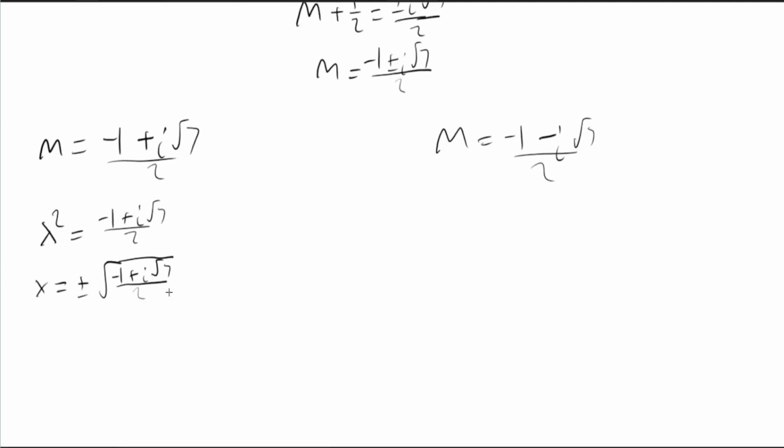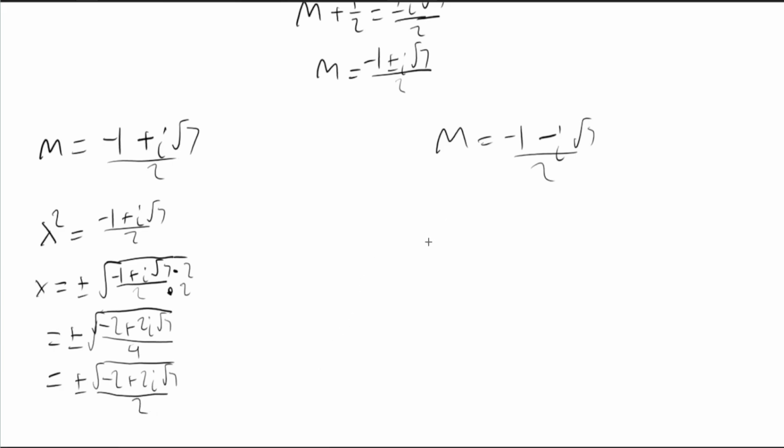Now what I'll do is multiply by 2 in the numerator and denominator of the fraction to rationalize the denominator. So we have plus or minus the square root of negative 2 plus 2i root 7 over 4. So finally we have plus or minus the square root of negative 2 plus 2i root 7, all over 2.